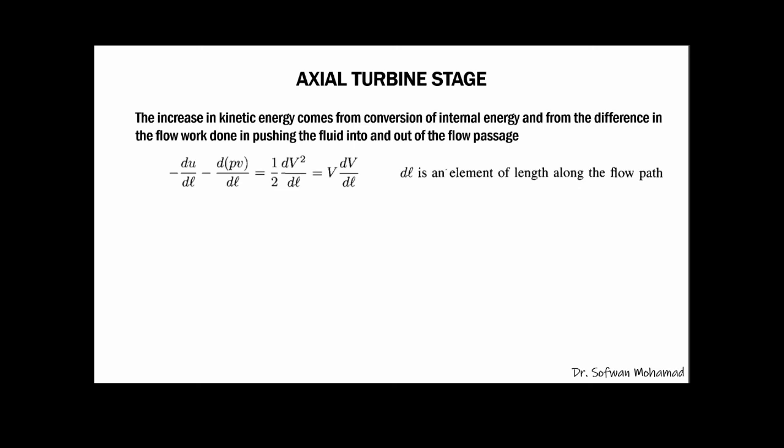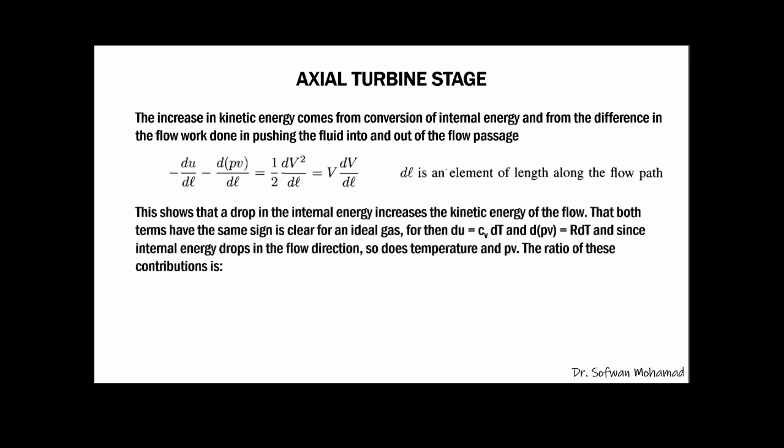Both terms have the same sign, minus, which is clear for an ideal gas, for then du equals cv dT and d(pv) equals R dT.